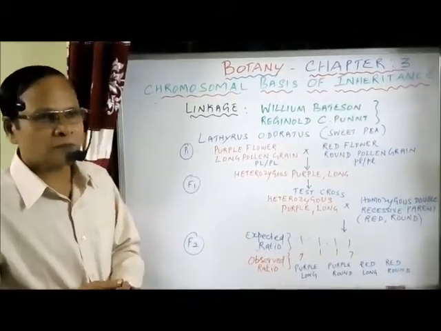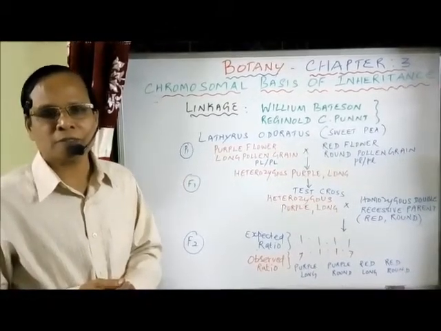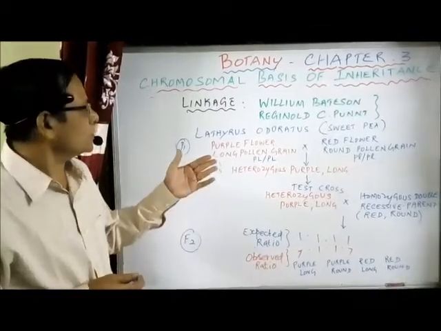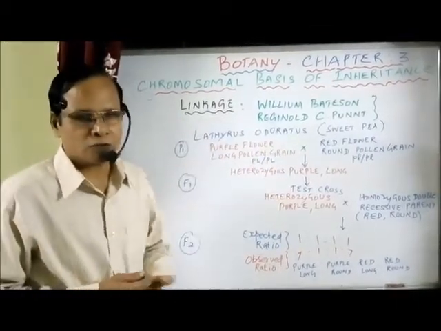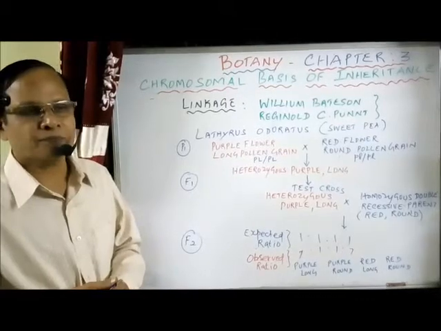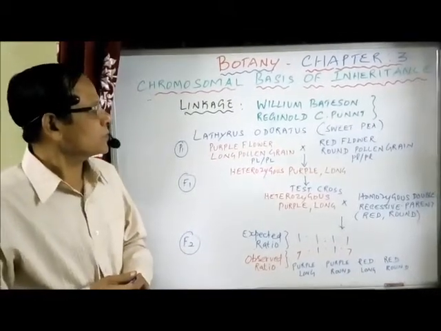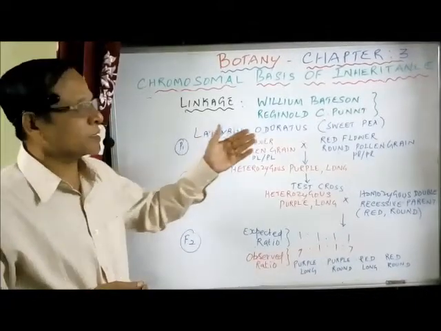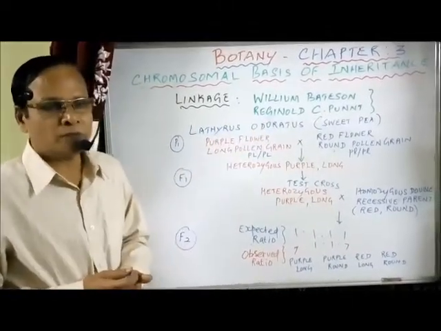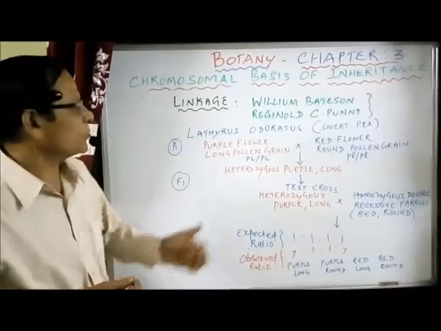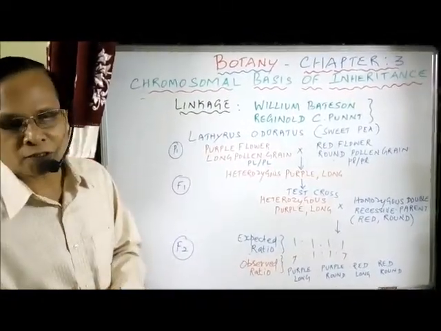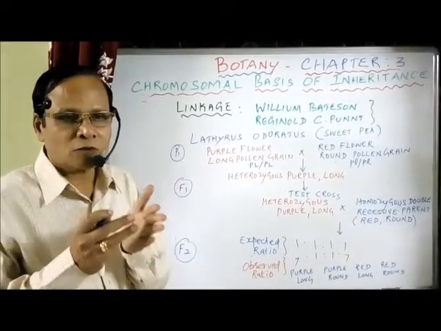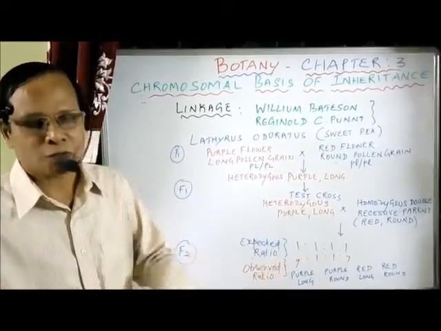But biologists came across certain genetic characters that did not assort independently. So they found some deviations from Mendel's independent assortment. You know, Mendel did not know the phenomenon of linkage and crossing over. He was lucky enough because the genes he had chosen are present on different chromosomes.